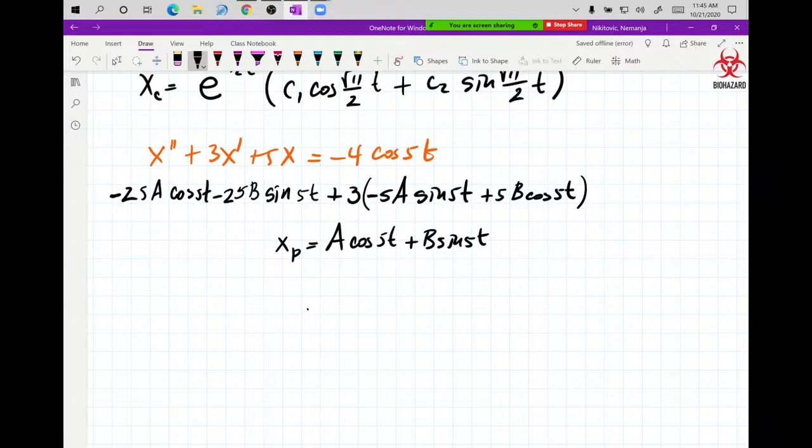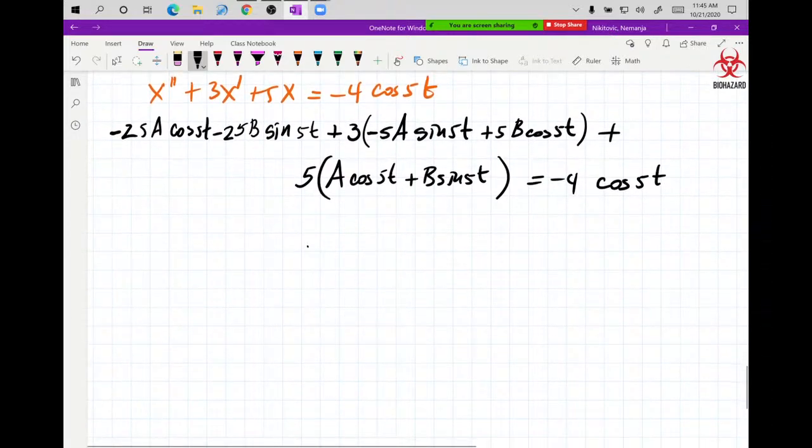And then we have plus 5x. So this is just 5 times this equals negative 4 cosine 5t. Good. So now what do I have? A cosine and a cosine. B sine, B sine.